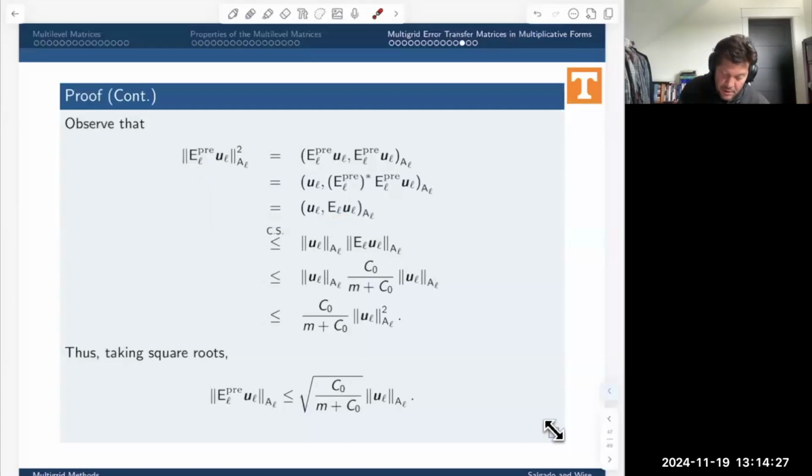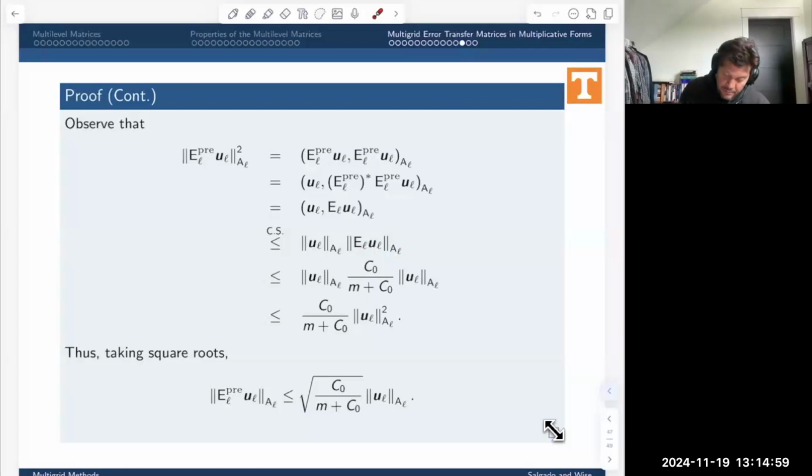But notice that this is no longer a norm, or a norm squared. This is something a little bit different. How can we deal with this? Well, let's use Cauchy-Schwarz. Cauchy-Schwarz is a valid inequality for any inner product, and we know that this is a bona fide inner product. So we can use Cauchy-Schwarz to show that that's less than the norm of U in the AL norm times the norm of ELU with respect to AL.